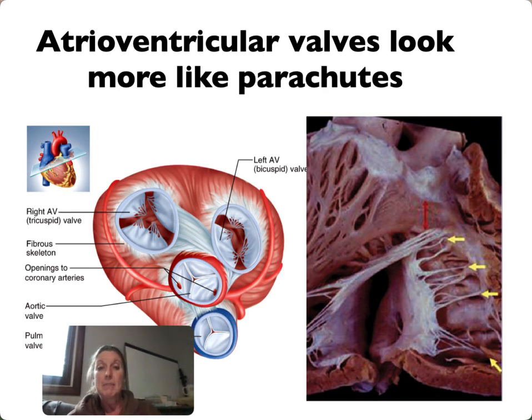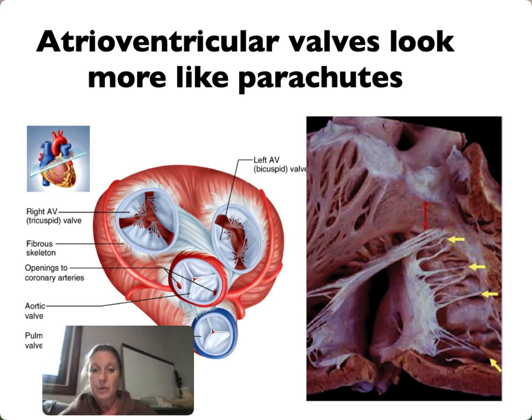Those are called papillary muscles. And every time the ventricle contracts and the blood pushes up against the AV valve, the papillary muscles pull down on those cords to keep the valve from flipping inside out and letting the blood go through. So these are helping to support the valve.